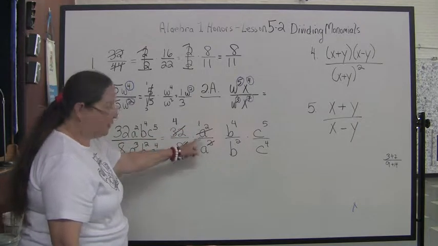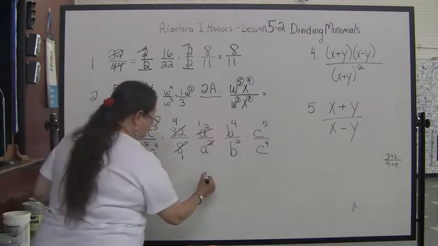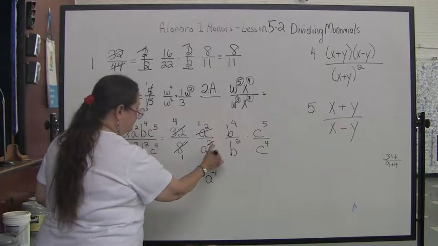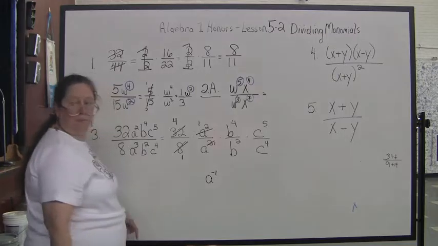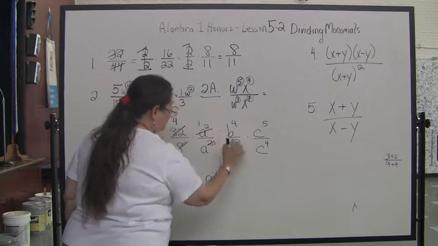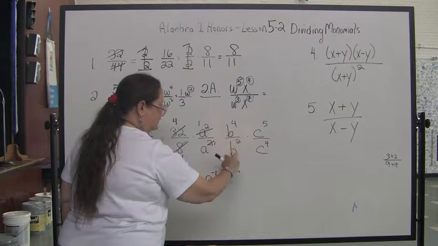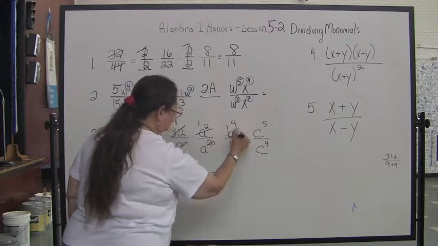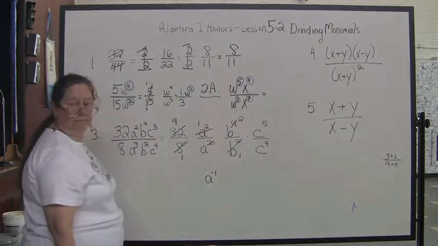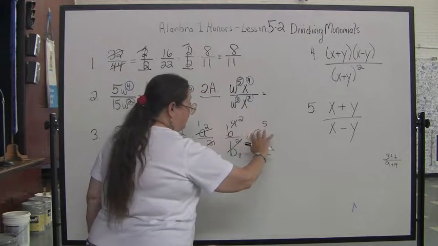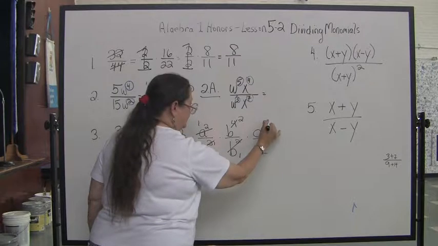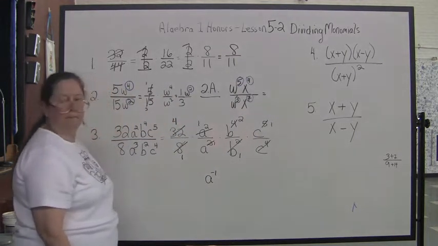So I can write it as 1 over A, or I could write it as a to the negative 1, because I could drag this guy up to the top and make him an a to the negative 1. Here, b, 4 minus 2, 4 on the top, 2 on the bottom. 2 are going to cancel. I'm left with 2 on the top and a 1 on the bottom. C to the 5th, 5 C's up here, 4 down here, 4 of them are going to cancel. I'm going to be left with 1c on the top.